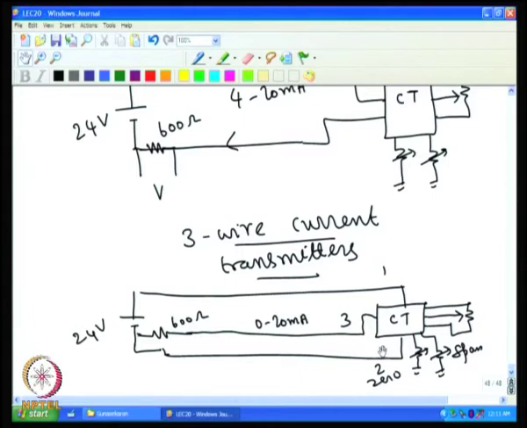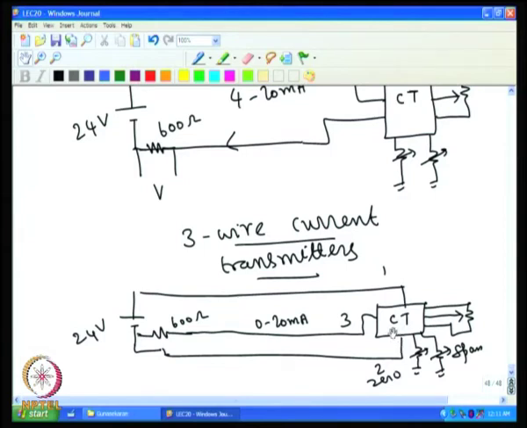3-wire current transmitters are more accurate than 2-wire current transmitters because of the elimination of this varying current problem, because the circuit current is something one need not worry about in this case.